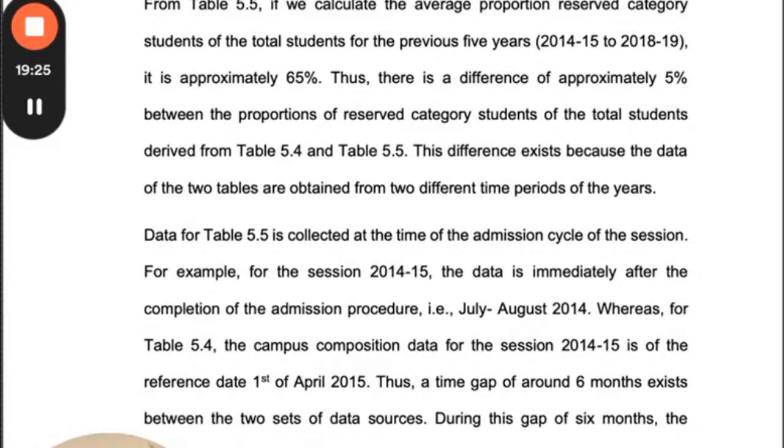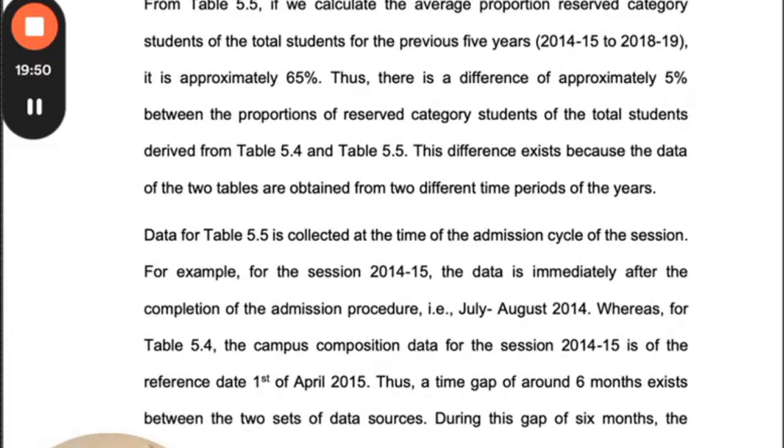Now one aspect is that many a time the issue of dropouts comes in. The author has done some analysis and tells us that there may be around 5% dropouts in all of higher education. That is mainly because they may be joining other institutes, even jobs. They may be going abroad, and many other reasons.